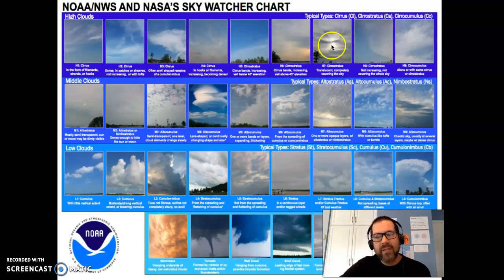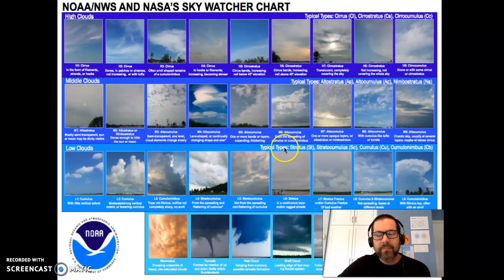So you see here, I told you we generally recognize 10 basic cloud types, and those are cirrus clouds, cirrostratus clouds, and cirrocumulus clouds. Those cover the high clouds. The typical types of middle level clouds are your altostratus clouds, your altocumulus clouds, and your nimbostratus clouds.